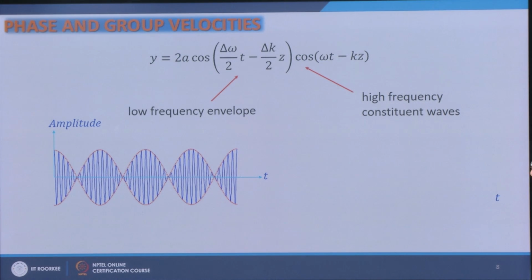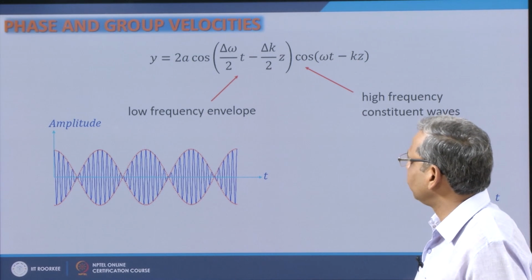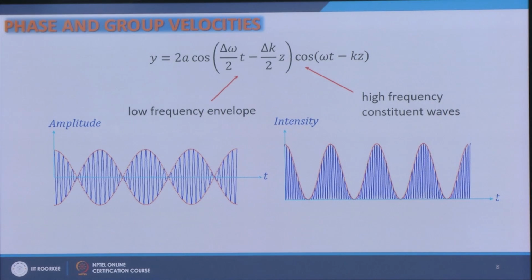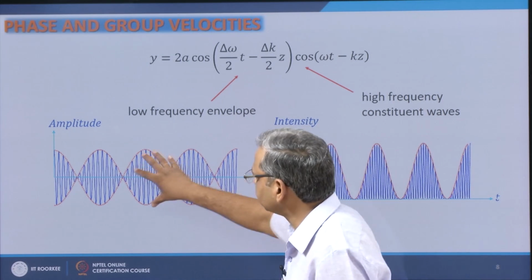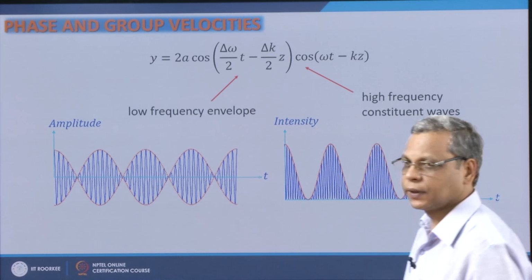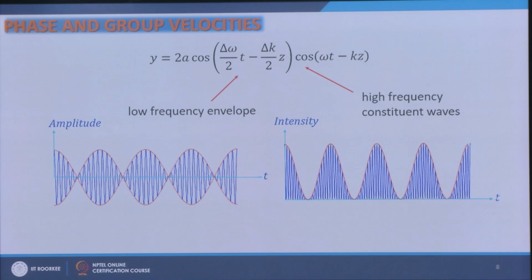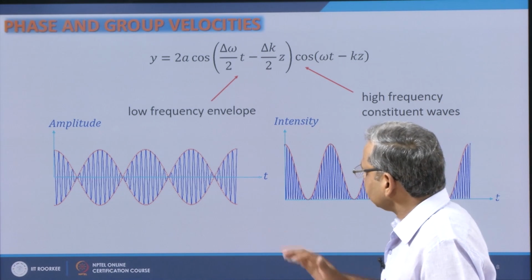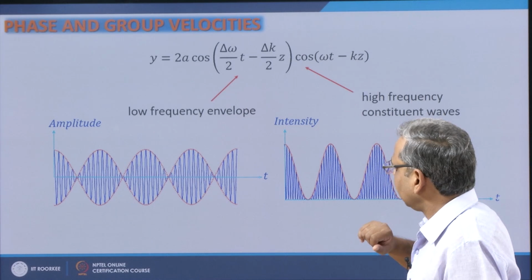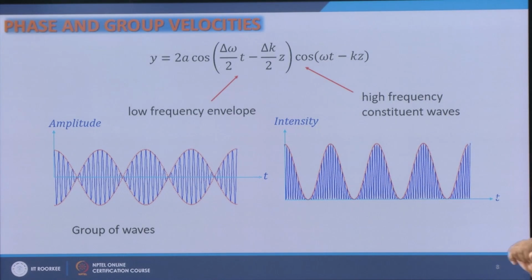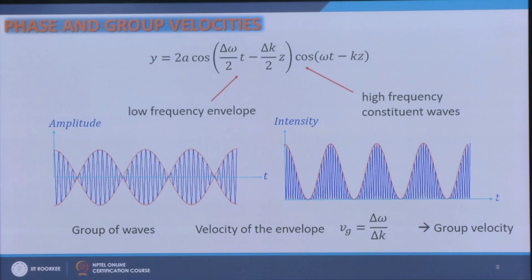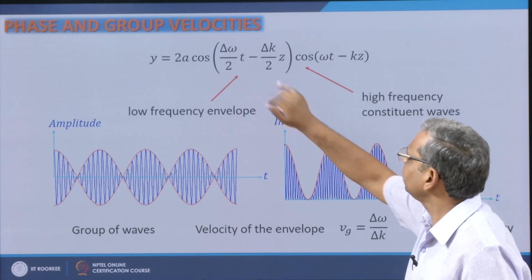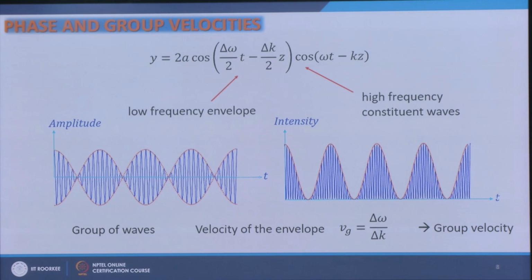And if I plot the intensity of this, which is proportional to y square, then it comes out like this. So, what I have observed is that if I superpose two waves, I make groups, a train of groups, I generate a group of waves, and this group of waves is traveling with a certain velocity, which is the velocity of the envelope, and if I find out the velocity of the envelope from here, it comes out to be delta omega over delta k.